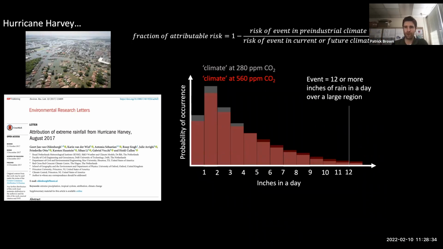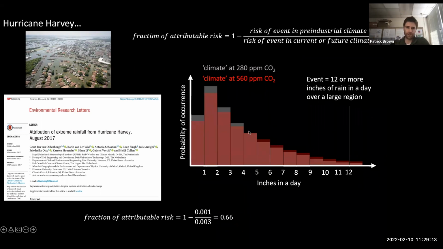So 12 inches or more of rain in a day over a large region, something like that. And once they do that, it's easier to calculate the probabilities, right? You need to first nail down what the definition of the event is, and then you can do this fraction of attributable risk calculation. And so what they end up getting is about 2/3.